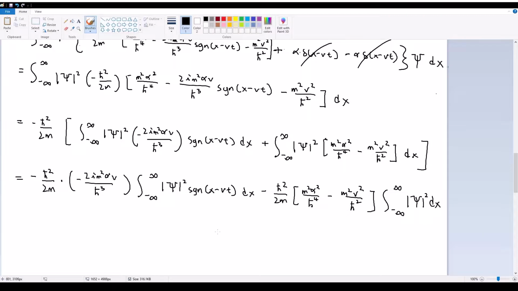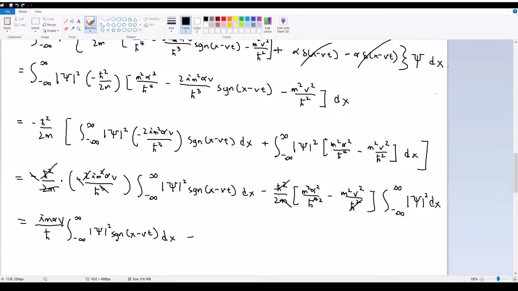Now, let's cancel some stuff. The two negatives cancel out to a positive, h bar squared cancels out h bar cubed. 2m cancels out with a 2 and with an m, so we're left with im alpha v over h bar times the integral from negative infinity to infinity, mag psi squared times signum x minus vt times dx. And then this is going to be subtracted by, let's see, h bar squared cancels out, makes a squared, cancels out with h bar squared completely over here.